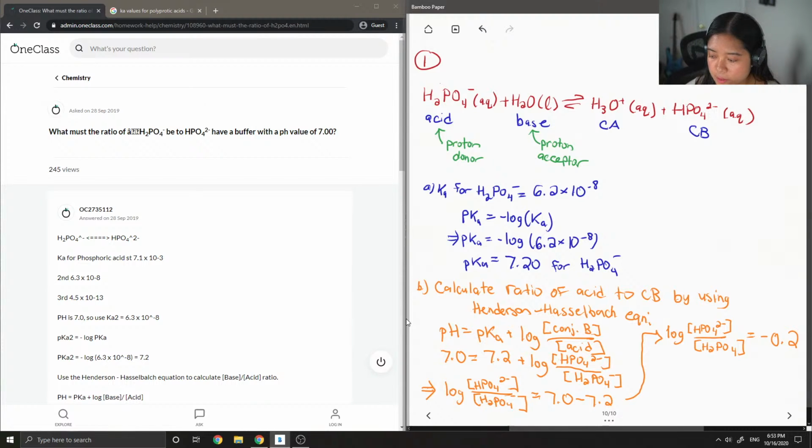And then to get rid of the log, we're going to do 10 to the power of both sides. So it's going to look like this.